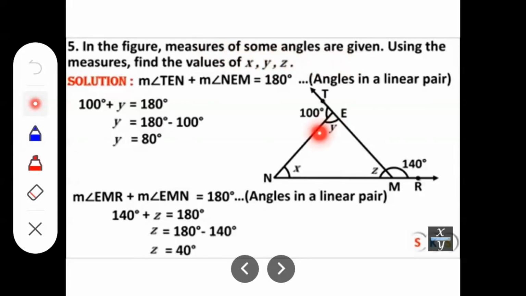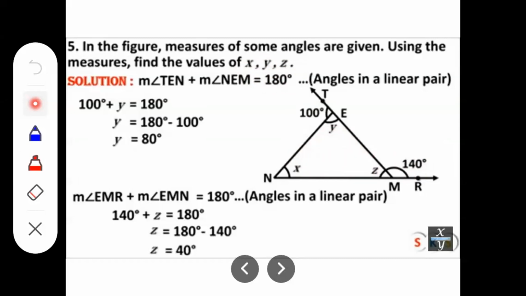Here in the diagram, you can see a triangle, and its exterior angles are mentioned with their measurements. Using those given measurements, we have to find the values of x, y, z.